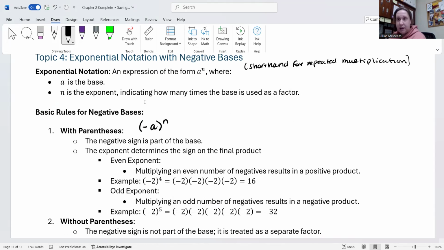You can't separate them. The negative is just as much a part of the base as the a is, so the negative gets repeated right along with the a.